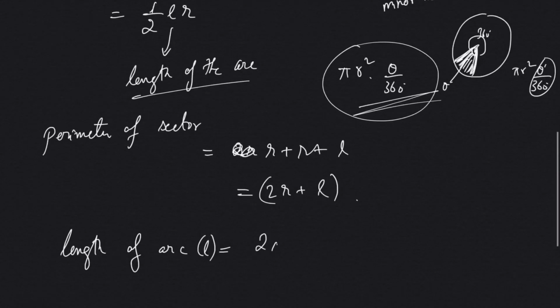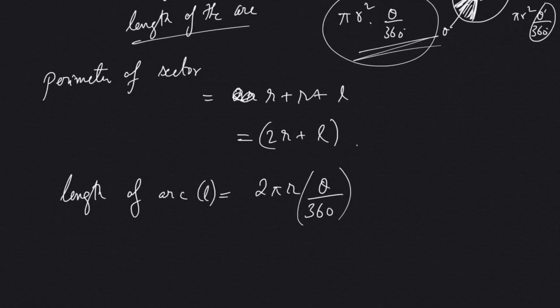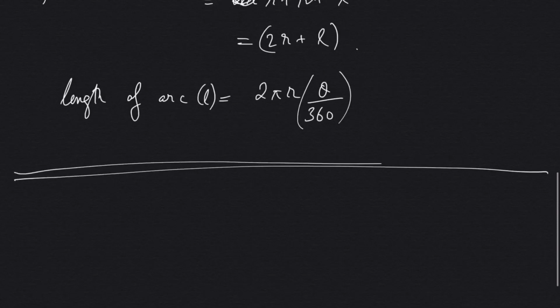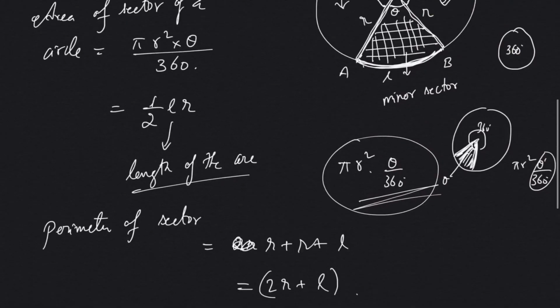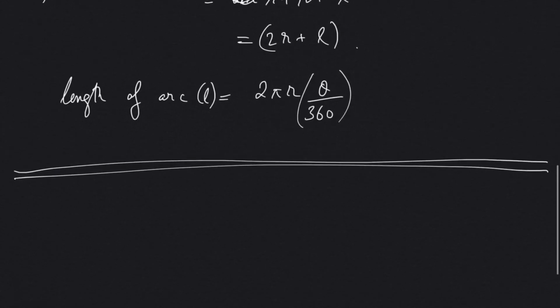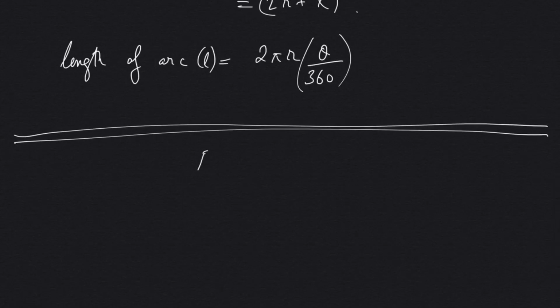It's very easy to remember: 2 pi r out of the part that it makes, theta out of 360, so 2 pi r into theta by 360 degrees. That's how we will be using the formulas for the area of a sector of a circle, perimeter of a sector, and length of arc of the circle. So with that, let's try to solve some questions on the exercise.